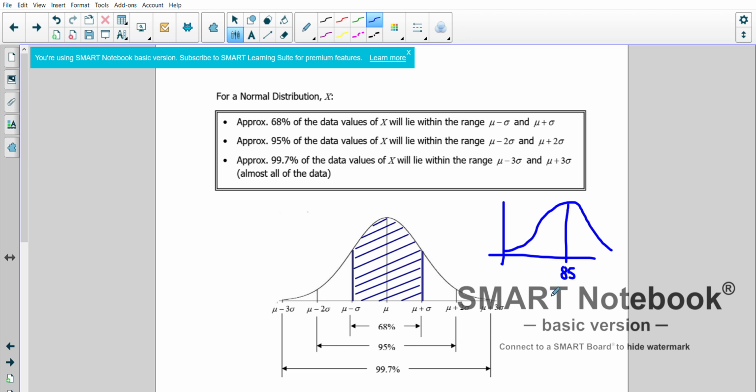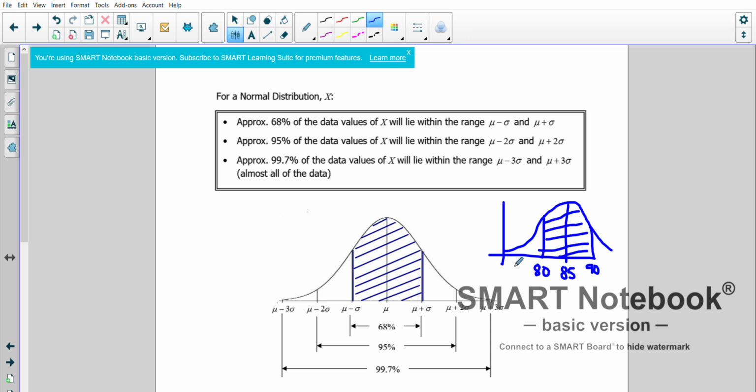Now let's pretend I had a standard deviation of 5. So what this is telling me is that one standard deviation below would be a score of 80. One standard deviation above would be a score of 90. That would mean that 68% of my golf rounds would be within the one standard deviation between 80 and 90.